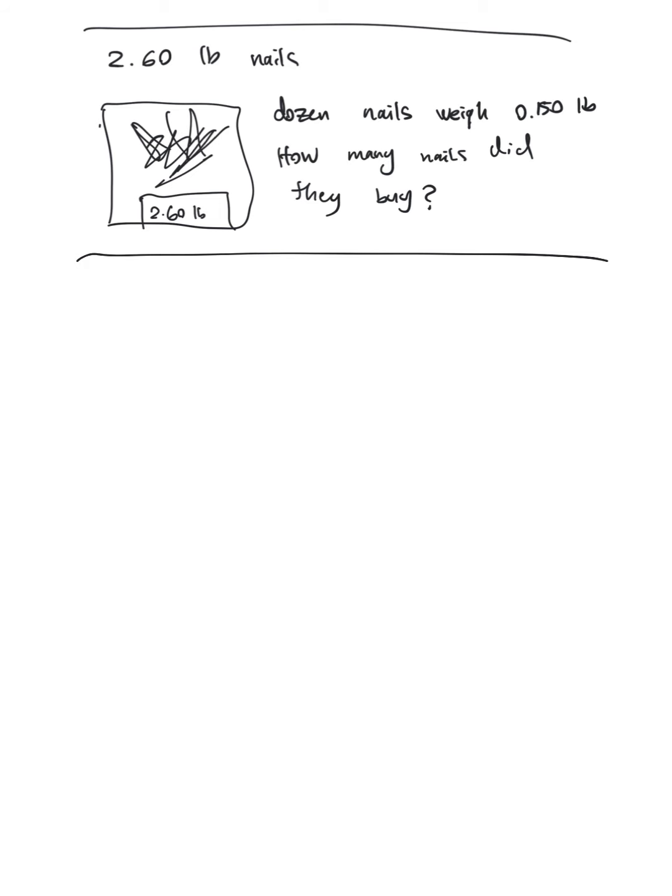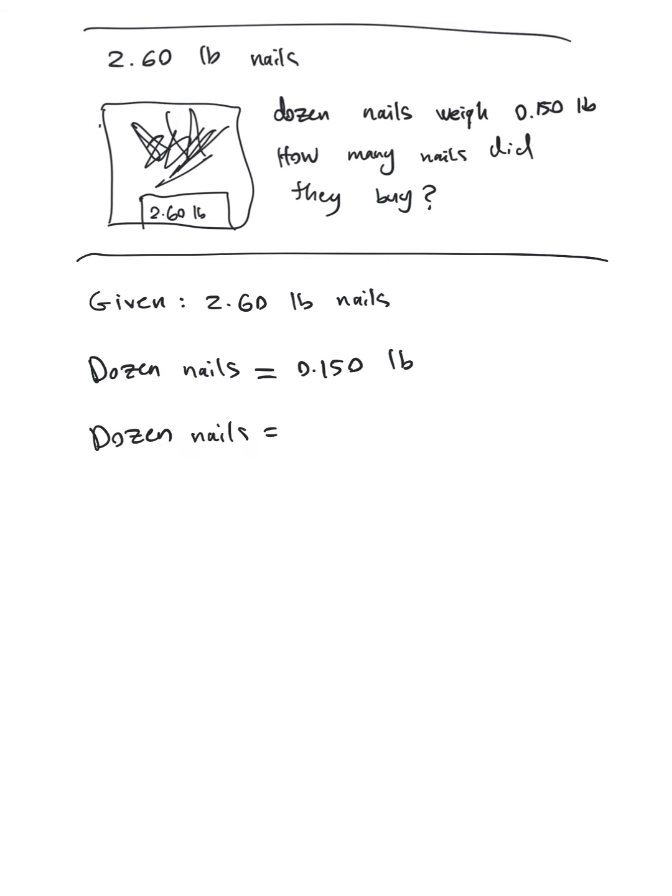So we are given 2.60 pounds of nails, and we are given that a dozen nails weighs 0.150 pound, and we know a dozen equals 12 nails.